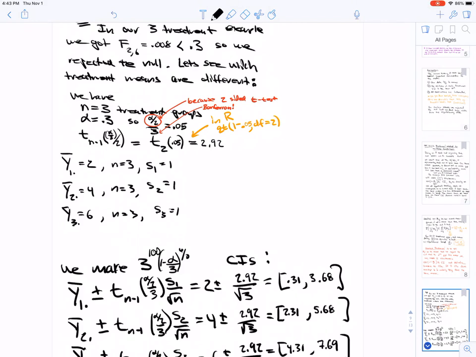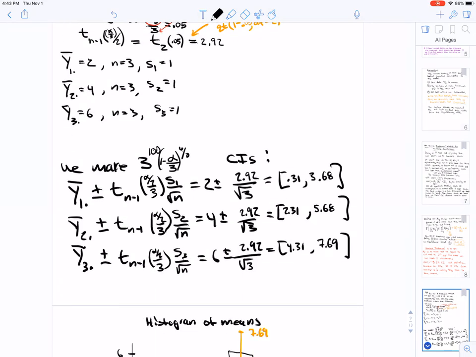The cutoff for n minus 1 degrees of freedom at 0.05 is 2.92, and so I can set up my three confidence intervals.